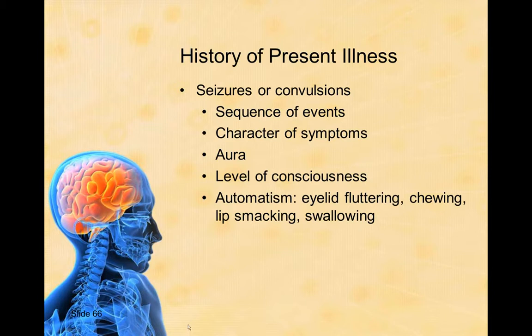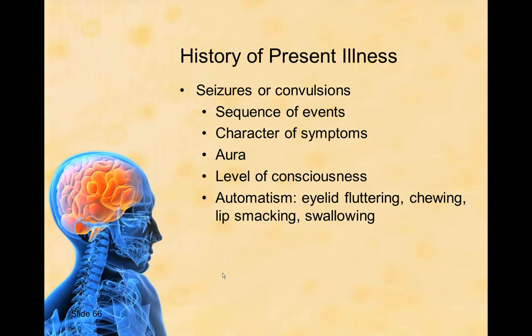In the history of present illness, if we're doing a complete physical exam and history, and we're evaluating the neurological system, we want to ask about any history of seizures or convulsions. If they are having any of those kinds of issues, what was the sequence of events? What seemed to trigger it?